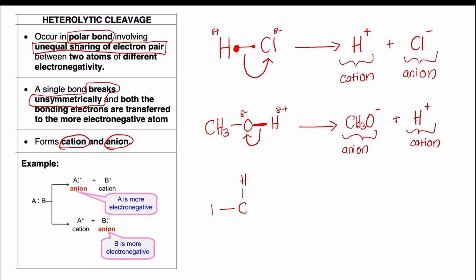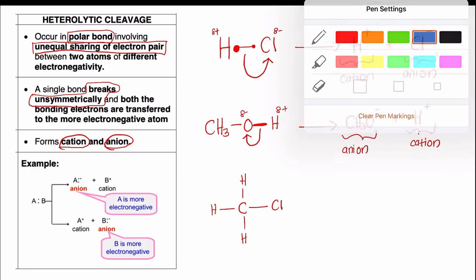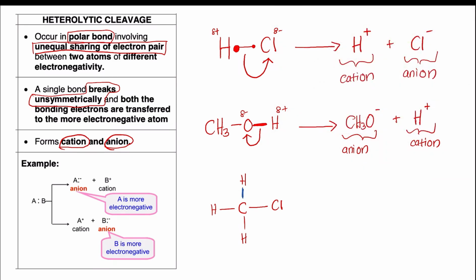CH, okay, say here is Cl. Okay. So all the, okay, kalau madam boleh kasih warna ya. Okay, yang ni, yang biru-biru ni, of course they will undergo homolytic cleavage because the blue bond is non-polar bond.